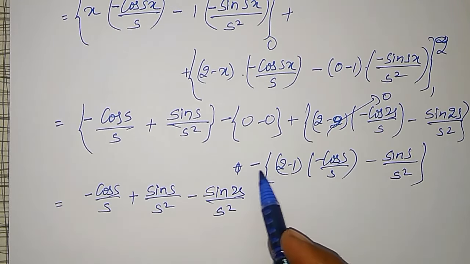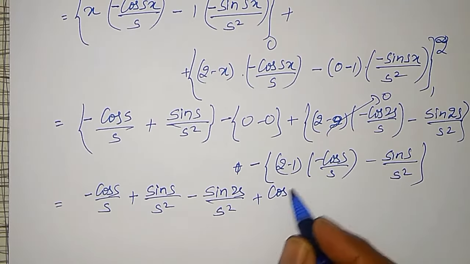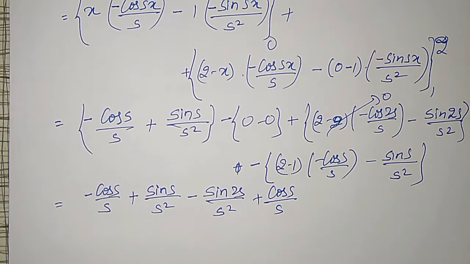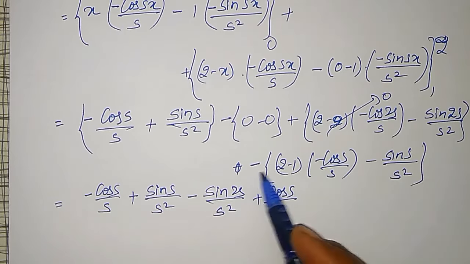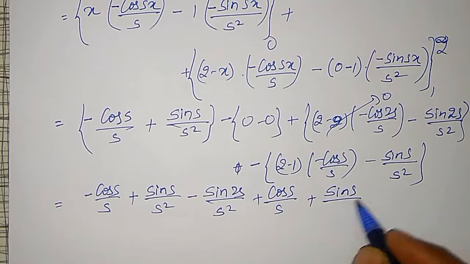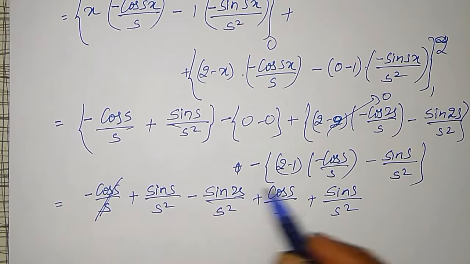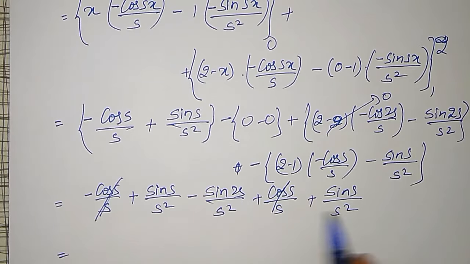And what about this one here? 2 minus 1 is 1, minus and minus, plus, we get cos s divided by s. Then next, minus of minus, plus sin s divided by s square. But here minus cos s by s plus cos s by s cancels.